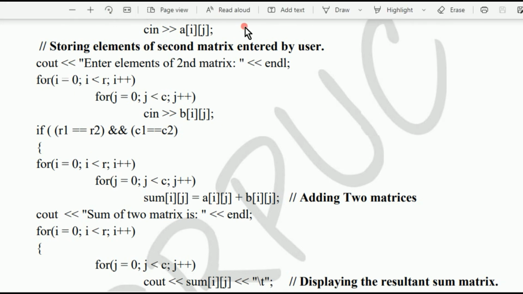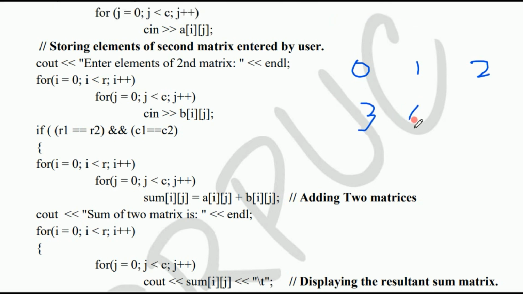For example, the first matrix is 0, 1, 2 and then 3, 4 and 5.